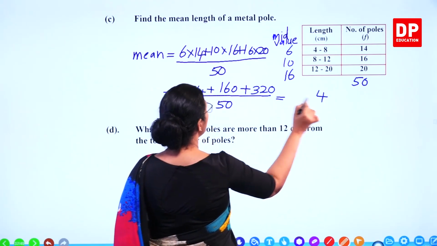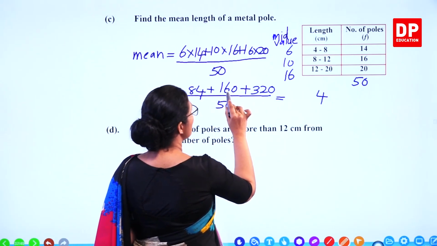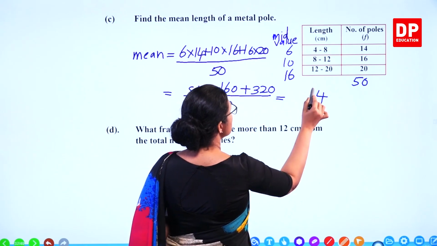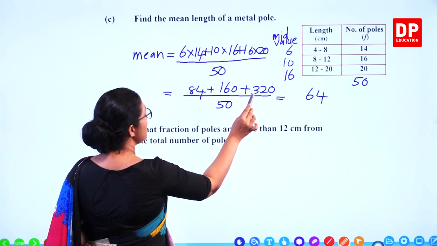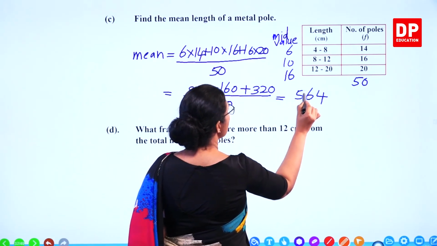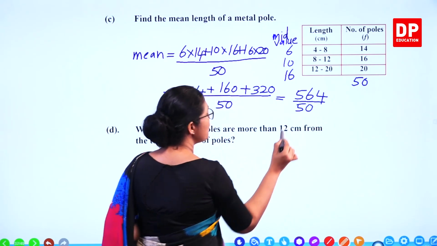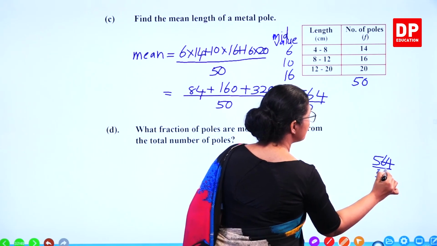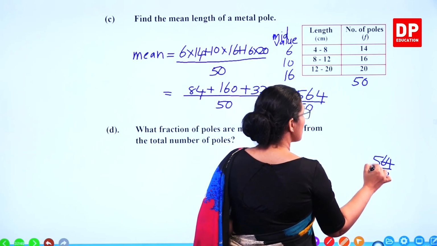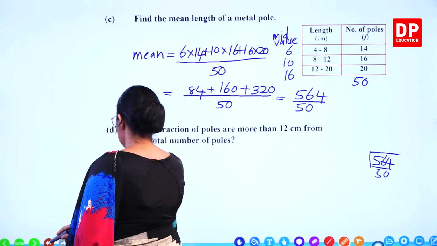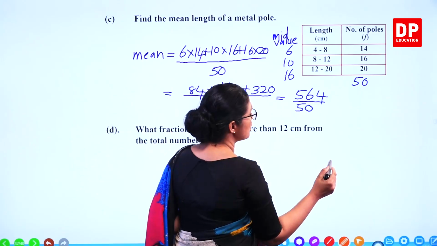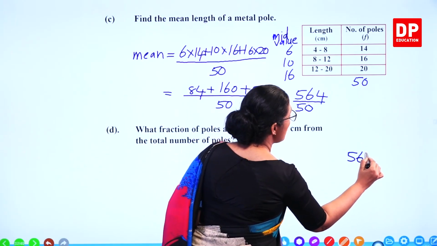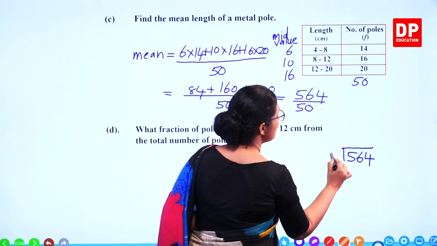4, 8 and 6, 14. 16. 1 remaining. 4, 5. 564 divided by 50. So what is 564 divided by 50? So we'll do long division. It's easy. 564 divided by 50.